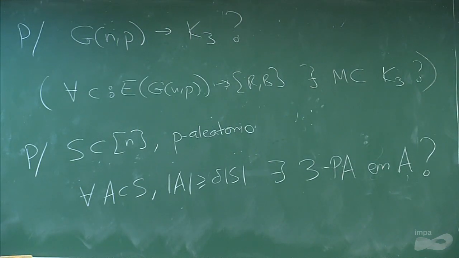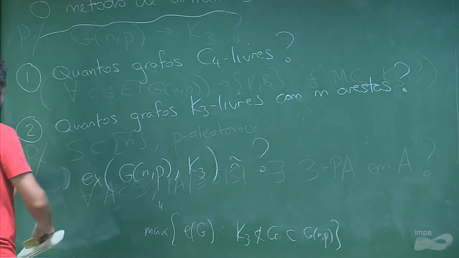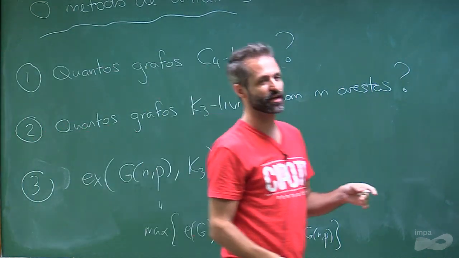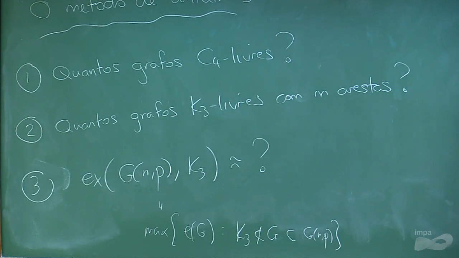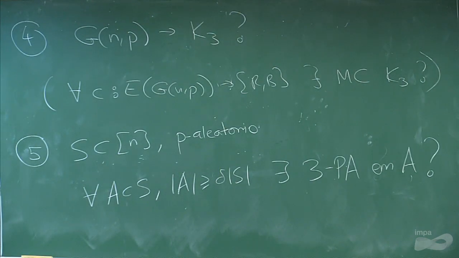Without proving anything, let's just try and guess what we think the answer should be. I'm not going to solve all these problems today, but I'm going to tell you about a general method that can be used to solve all of them. Let's see roughly what's going on. So how many C4-free graphs do you think there are?